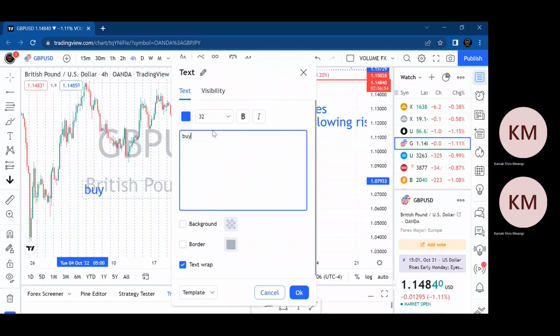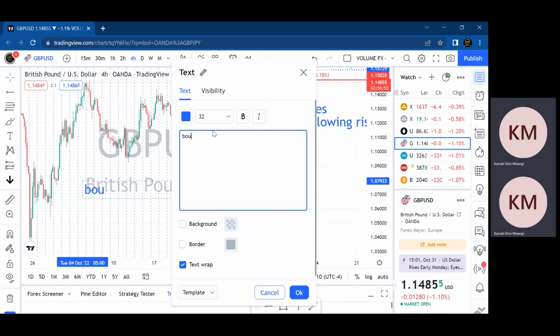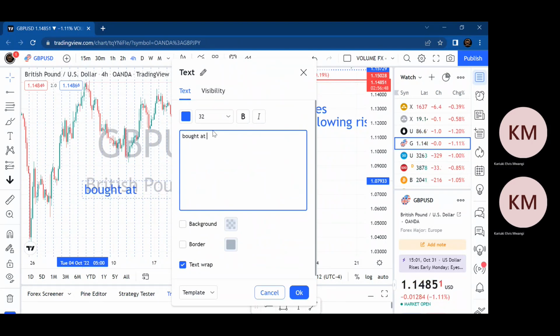I bought at 1.1485. I was using a risk reward of 1:2.